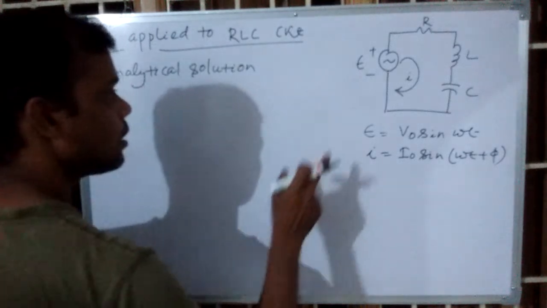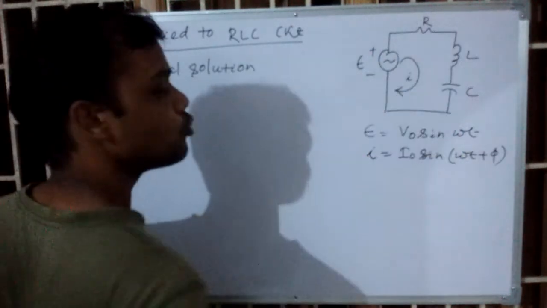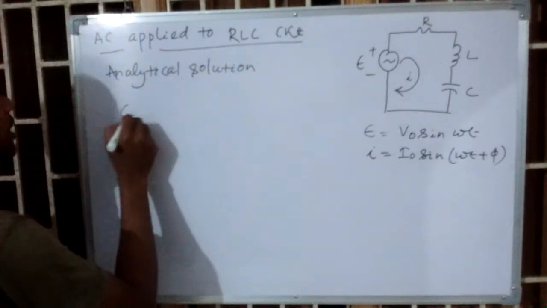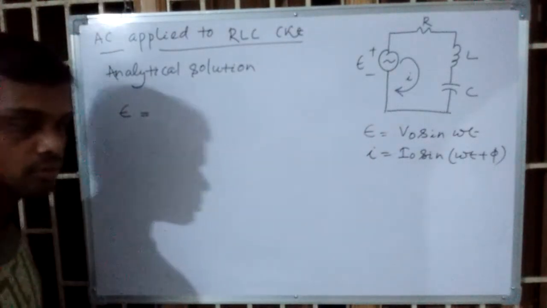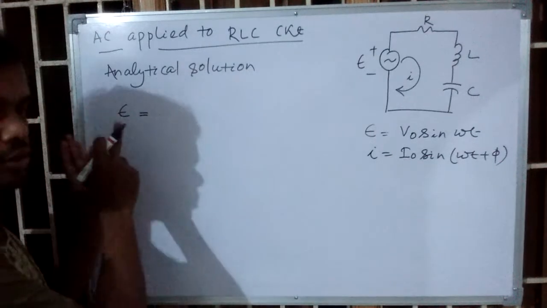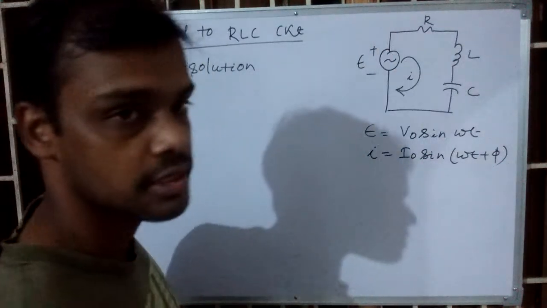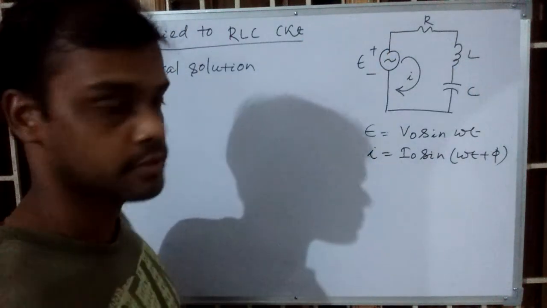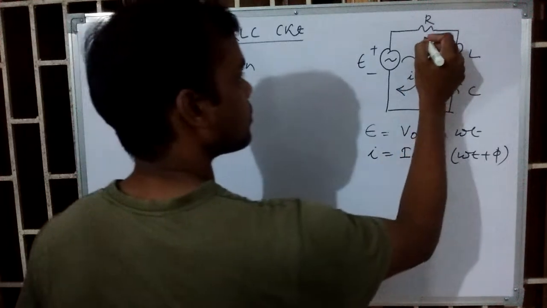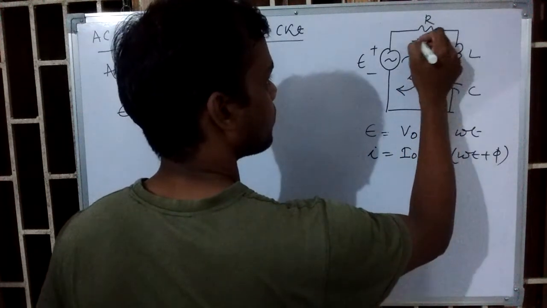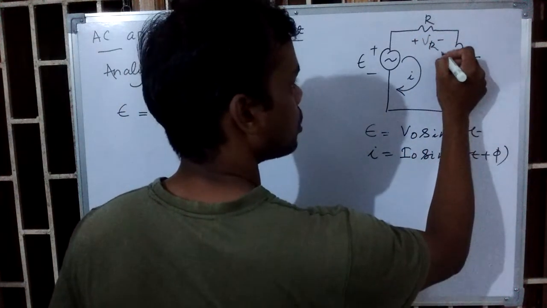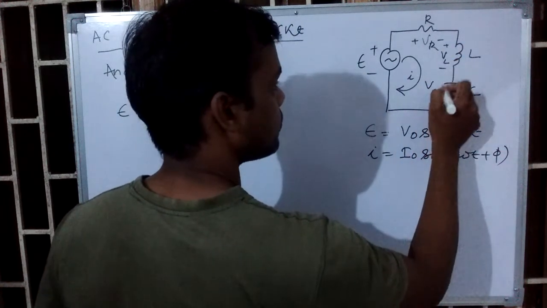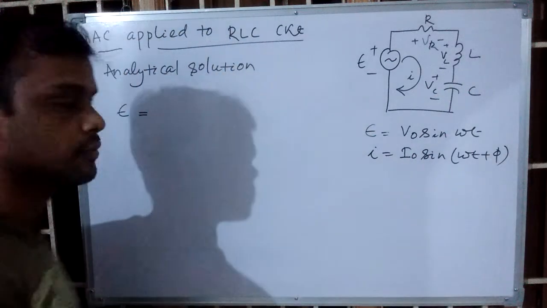So let us apply Kirchhoff's loop rule or KVL, Kirchhoff's voltage law. So epsilon is equal to, I will put epsilon on one side and all the other voltages on the other side. So this is supply and all these are drops. Drop 1 is nothing but VR, drop 2 is VL, drop 3 is VC.